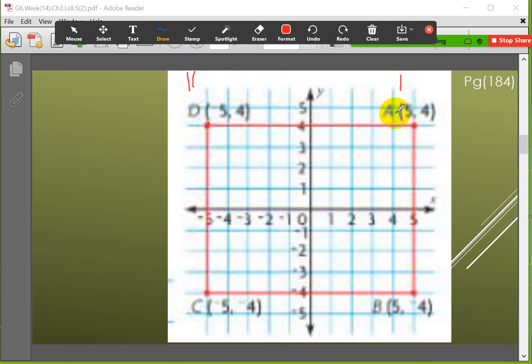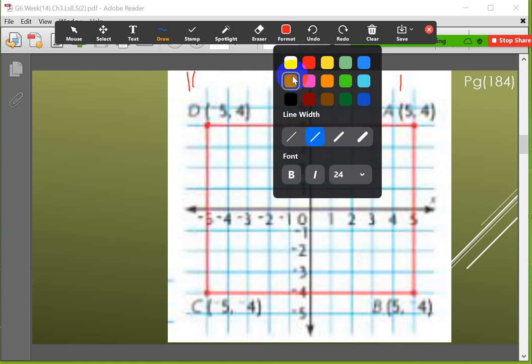So the difference between them is the sign of the x. We have the same y, but here the x is positive and here the x is negative. Okay, those two points have exactly the same distance from the y-axis, right?